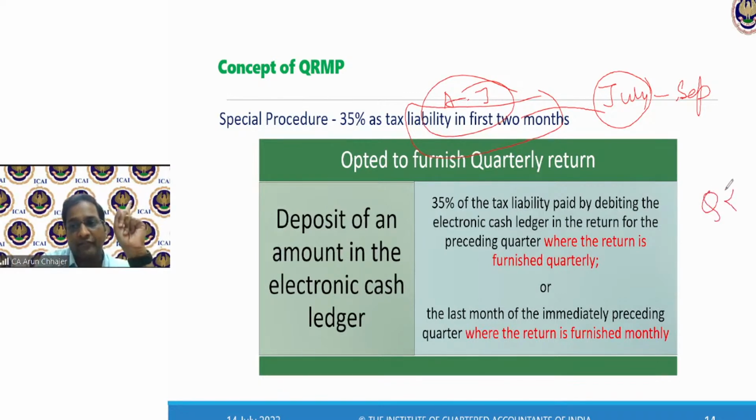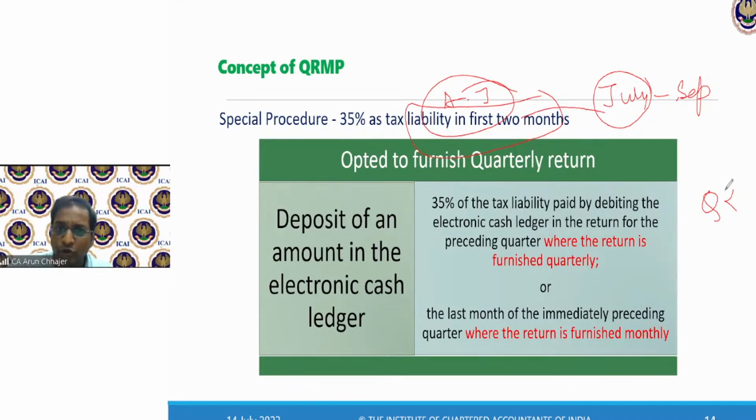The first question to all of you: suppose my frequency in the April to June quarter was QRMP. Tell me, for that quarter, will GSTR 3B be 1 or 3? How many 3B would there be for the April to June quarter if I am under QRMP?